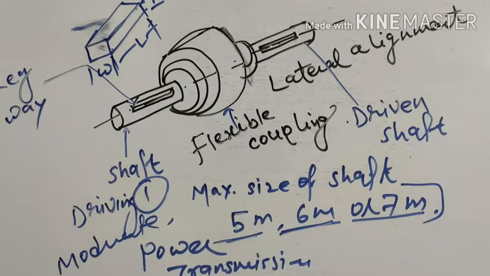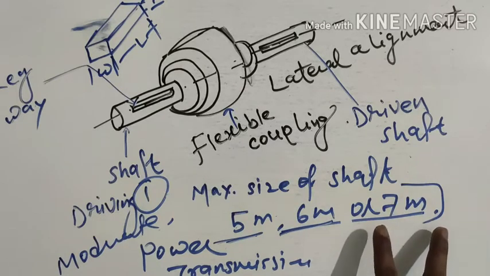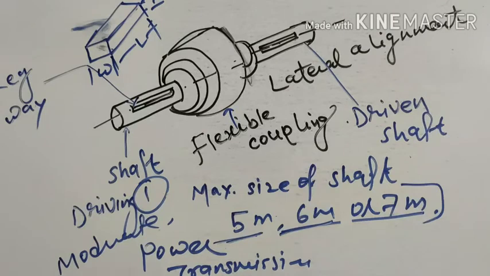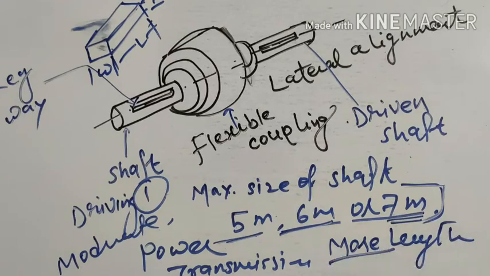But if we need to transfer more power with more length, if we need to transfer the power from one shaft to the other and the distance of the transmission is more than 7 meter, then we need more length of shaft, the next level of shaft, say 10 meter, 15 meter, 17 meter.